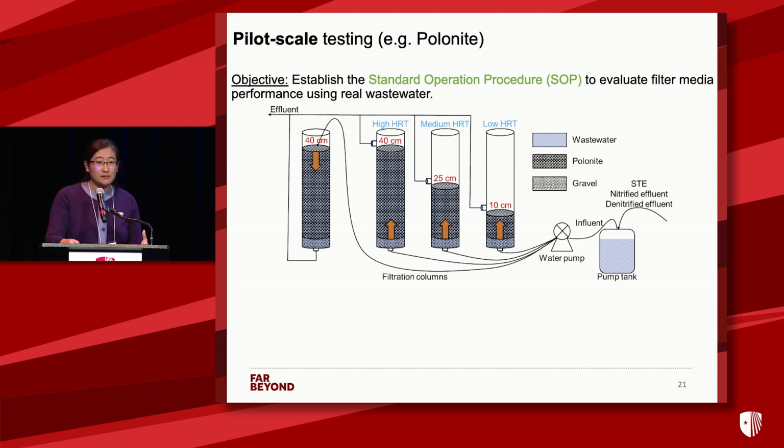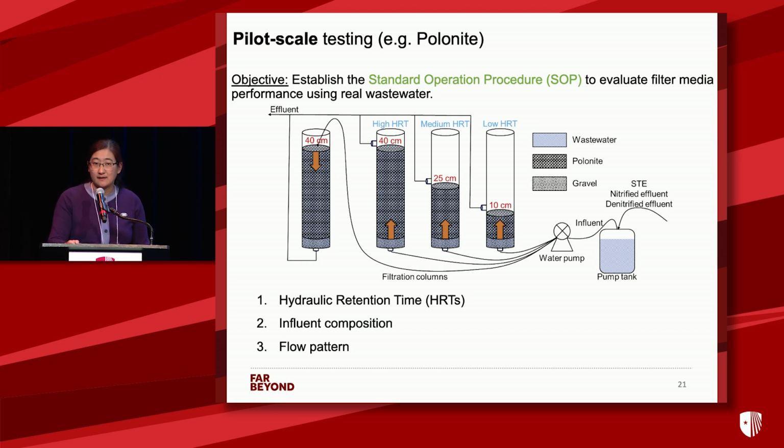With this setup, we can test several very important operation parameters, such as the hydraulic residence time, which will tell you how big your system is when you're treating a designed loading, and also the influent composition, which would determine where we are going to put this phosphorus removal module in your entire treatment train, and also the flow pattern, whether you apply gravity-driven or upflow condition.